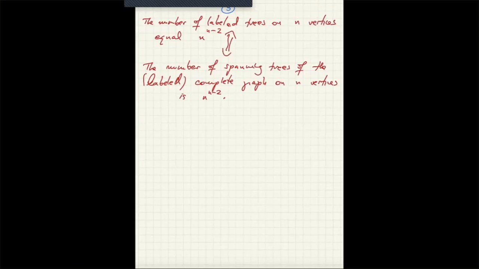Okay, so it makes sense, this is about the number of spanning trees of a very nice graph, which is the complete graph on n vertices. So given a graph gamma, we can define tau of gamma, which is the number of spanning trees of gamma. Okay, and this theorem is again from Cayley and Borchardt.